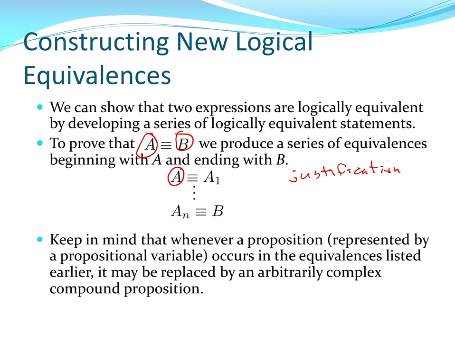And it's important to keep in mind that whenever you're using these identities, they're often expressed in atomic propositions, but those really are just placeholders for potentially very complicated compound propositions.